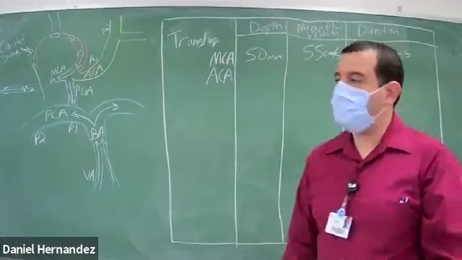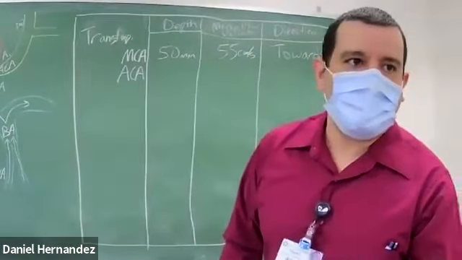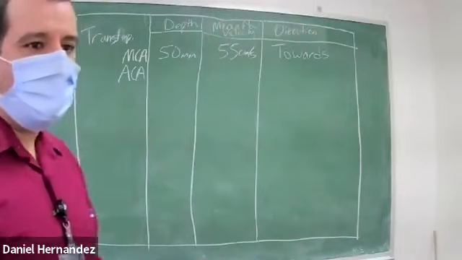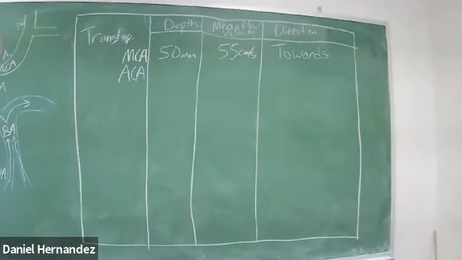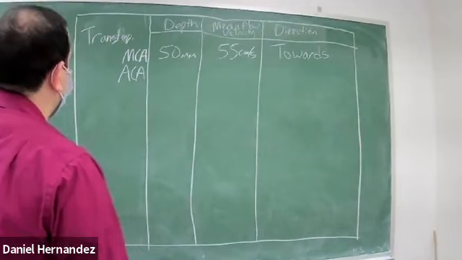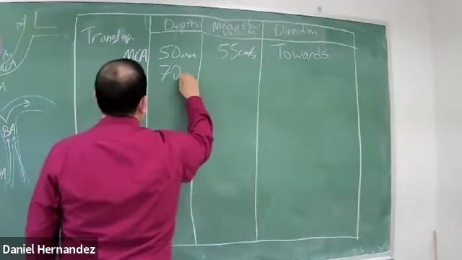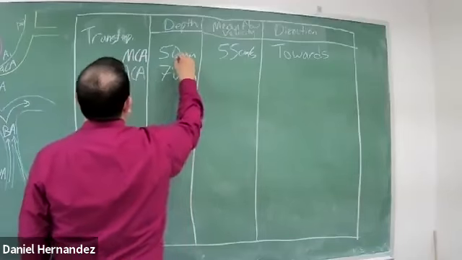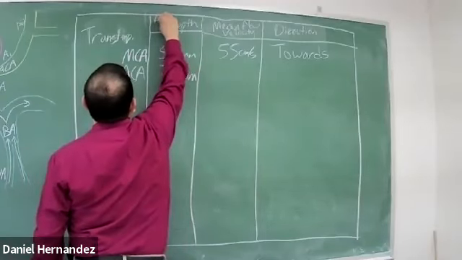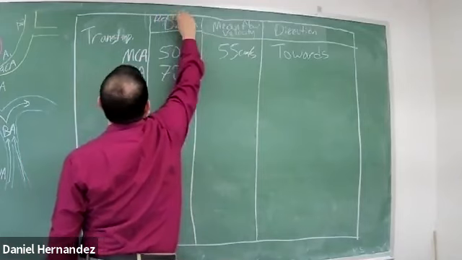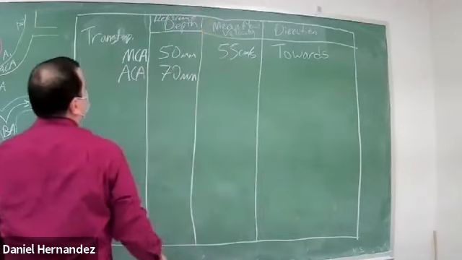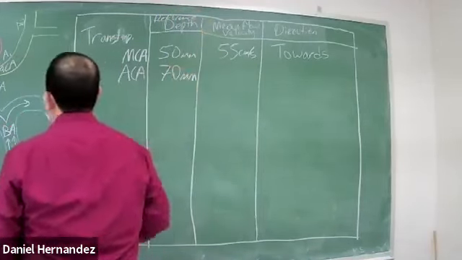So our next vessel is going to be our anterior cerebral artery. This one's going to be deeper. So our reference depth is going to be 70 millimeters.